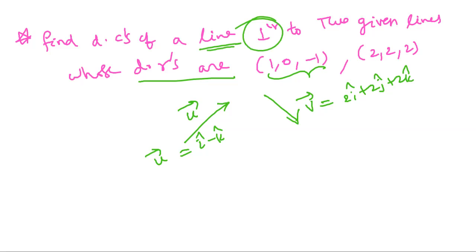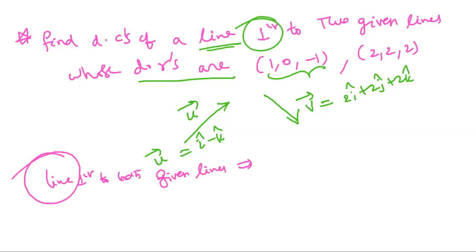Okay, so a line perpendicular to both given lines translates to this: if you take any vector parallel to this line, that vector, that is the DRs of the line, is perpendicular to both given vectors.